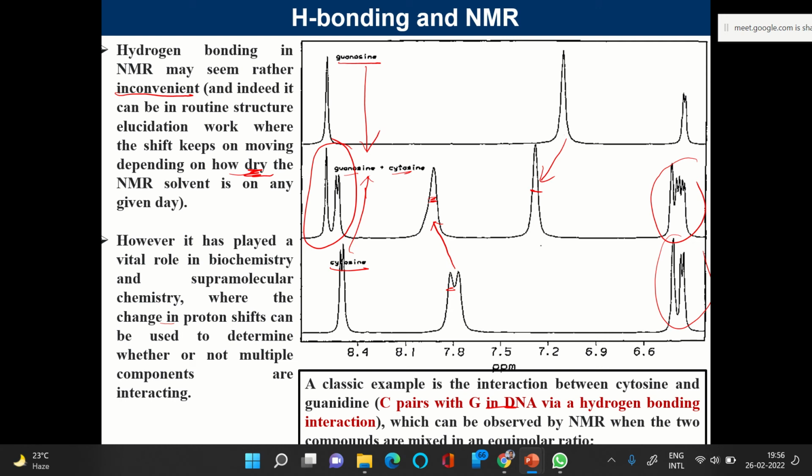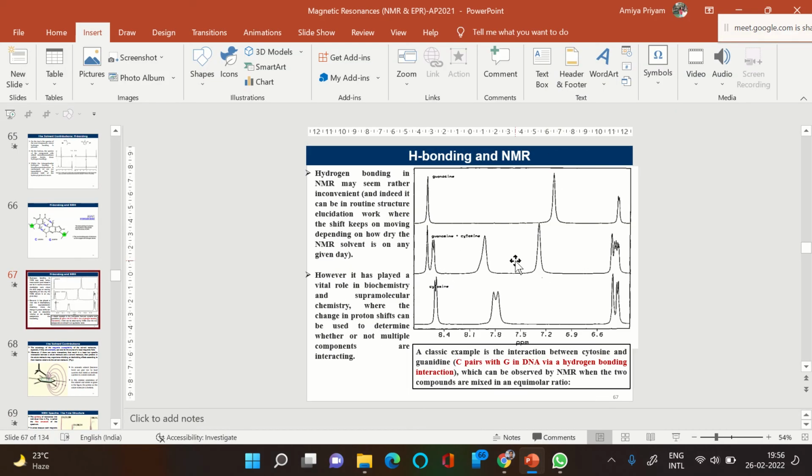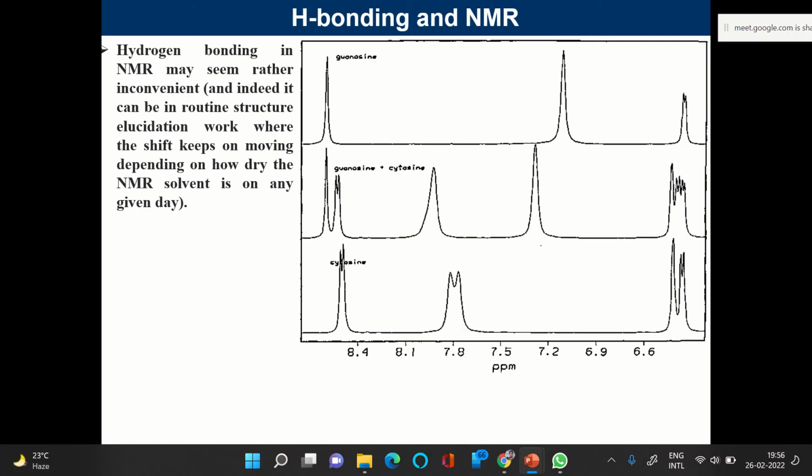It is a simple summation, and it appears like that. But the middle portion is greatly affected, where you see a clear shift from both spectra taken together. From the point of view of the cytosine spectrum, there is a shift to this side. From this point also, there is a shift towards the higher ppm side.